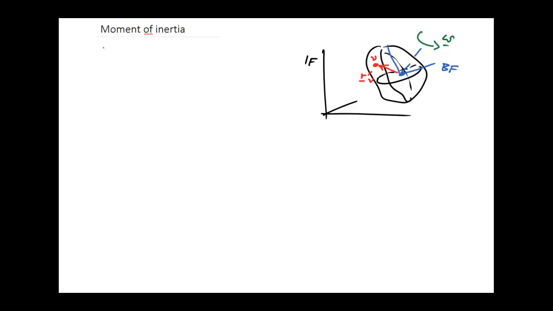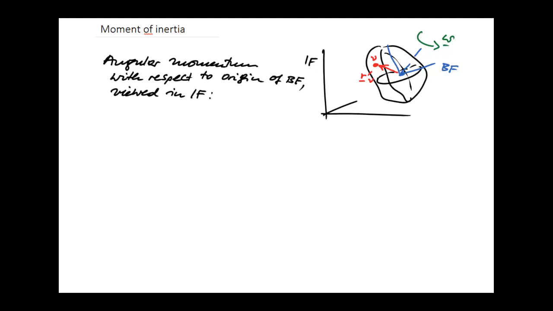And let's now look at the angular momentum of our rigid body with respect to the origin of the body fixed frame and as viewed in the inertial frame. The angular momentum is always defined with respect to some reference point.